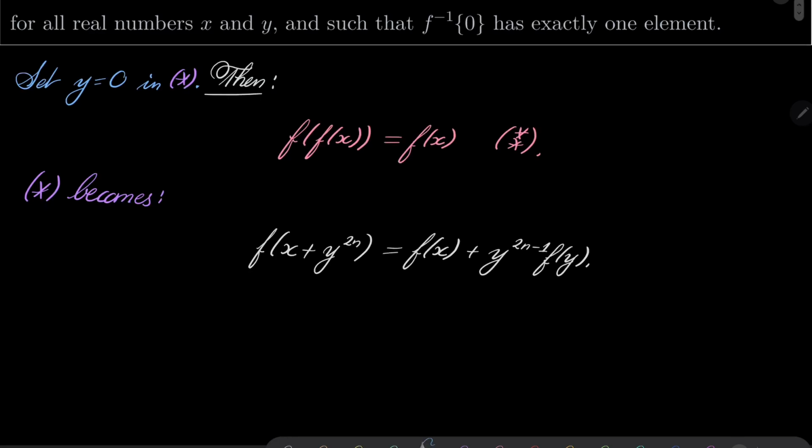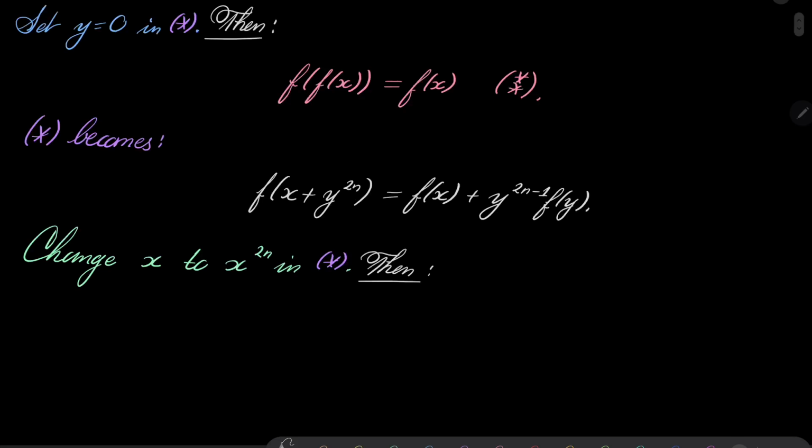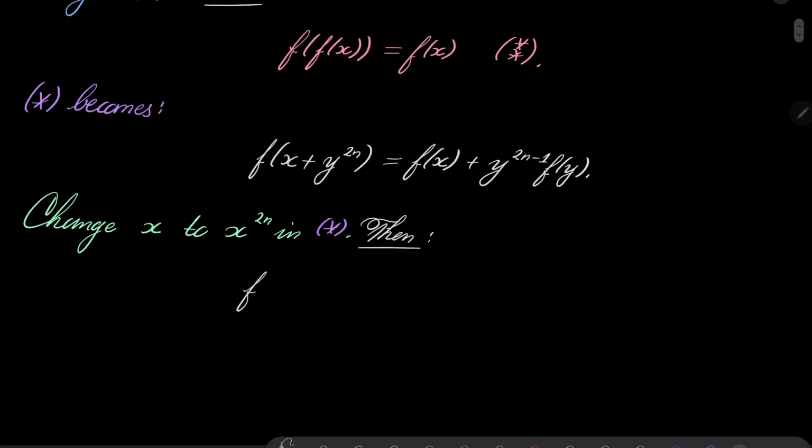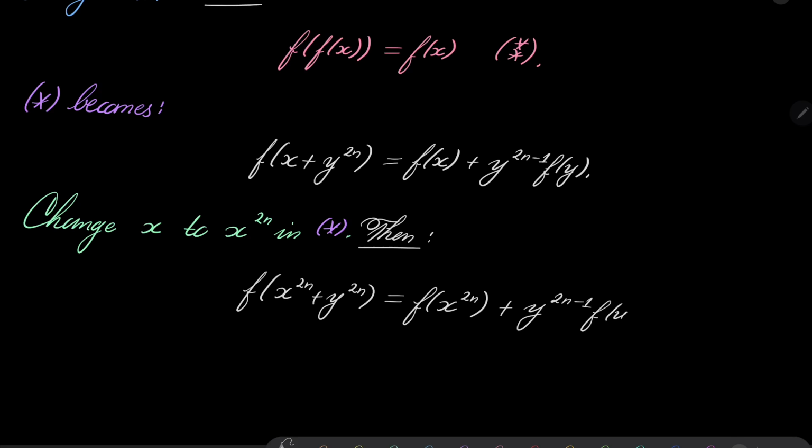Now, let's change x to x to the power 2n in our condition asterisk. Then we have the following: f of x to the power 2n plus y to the power 2n equals f of x to the power 2n plus y to the power 2n minus 1 f of y.